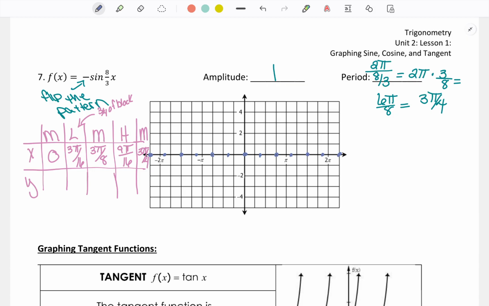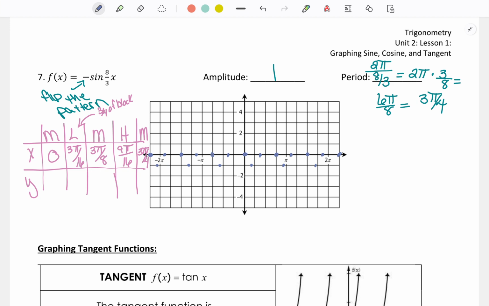And then we are going to hit a low first, 3/4 of the way across the block. And then those are each going to be 3 blocks apart. So 1, 2, 3, 1, 2, 3. Going the other way, 1, 2, 3, 1, 2, 3.